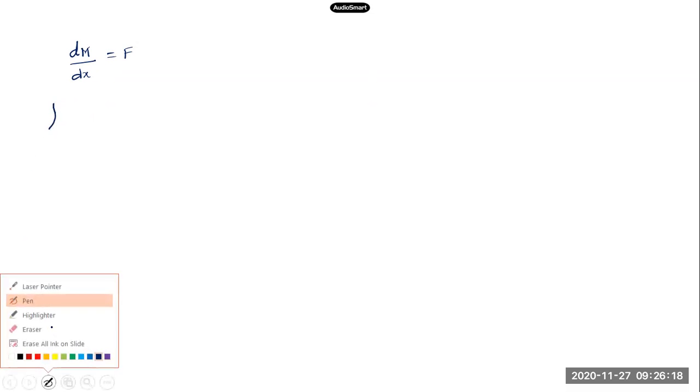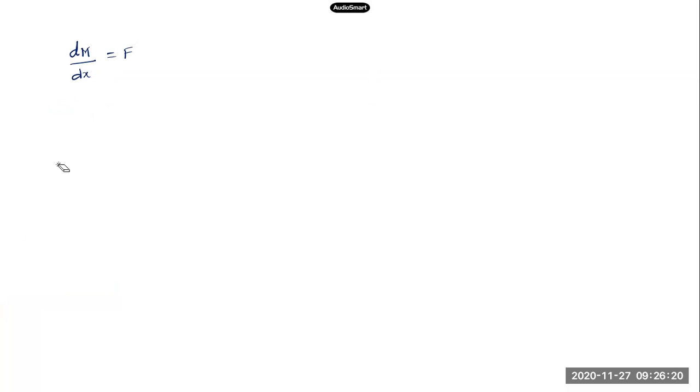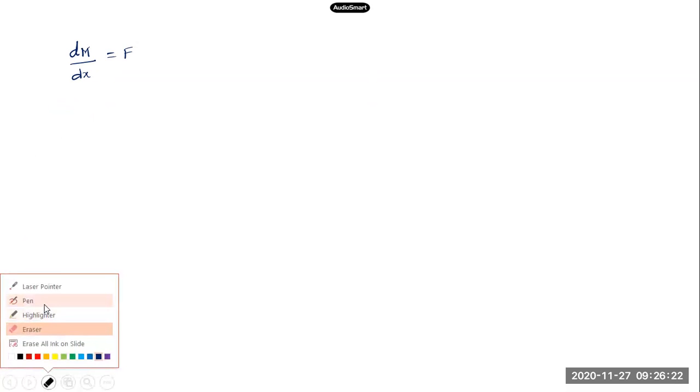Further, we came to this equation dm by dx is equal to f here. Now if I go for integrating this, let me rearrange this. So what I have is dm is equal to f into dx.